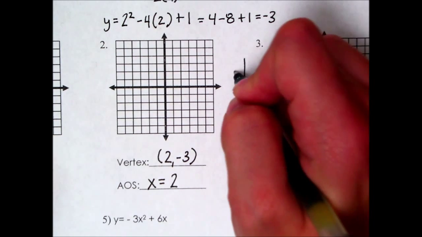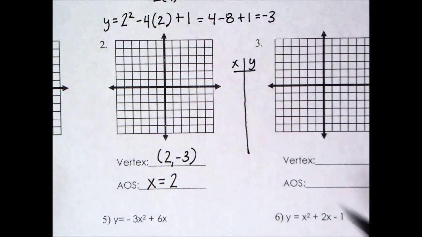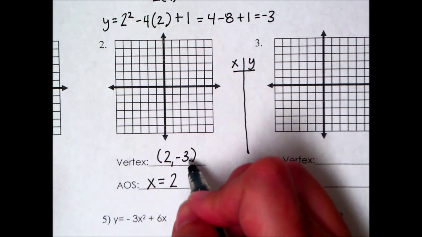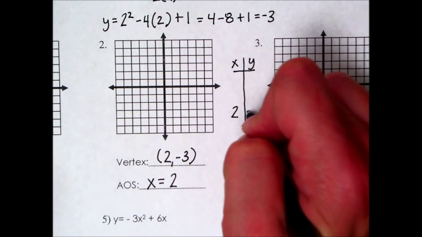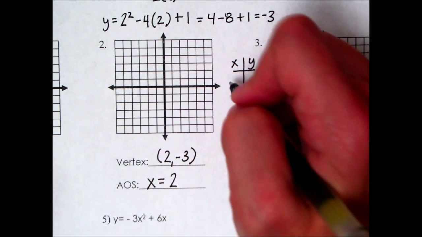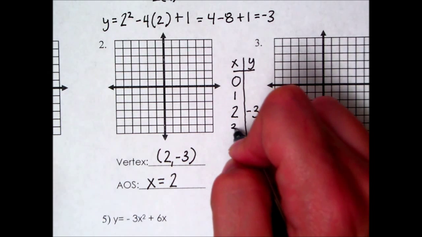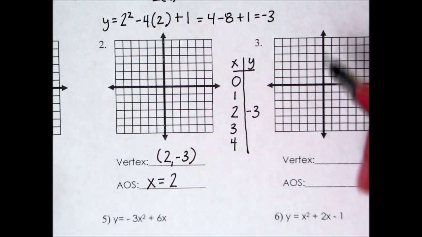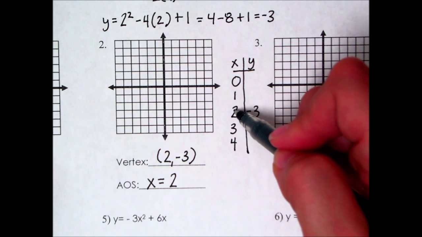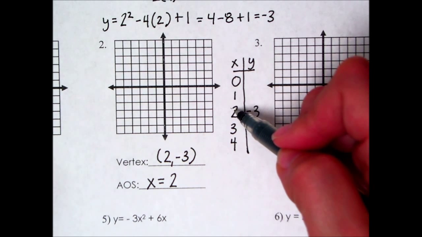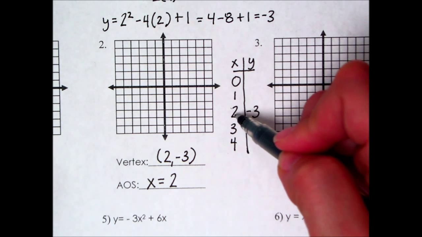When we make a table, you have x and y here, and the vertex always goes in the middle, (2, negative 3). And then you're going to pick some values that would be both left and right of it on the number line. Now notice the values I picked. 1 is 1 unit away from 2. 3 is 1 unit away from 2.